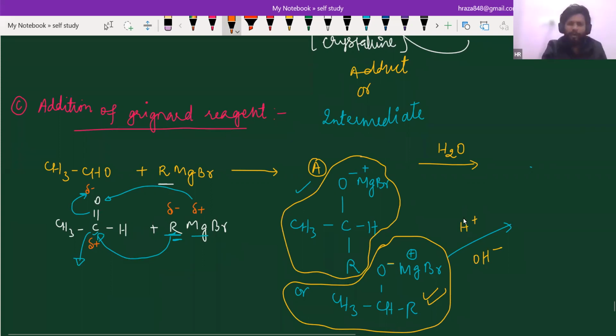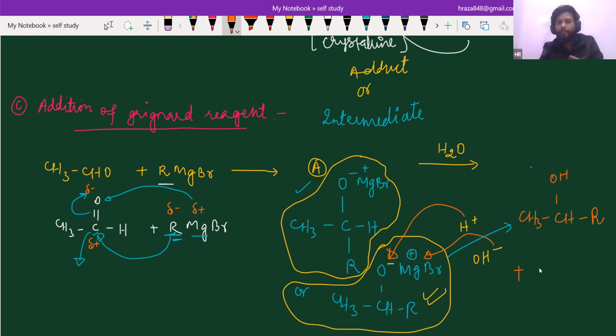Positive will go to negative and negative will go to positive. So you will get a product like this, CH3CH and OH will be there, with O negative, H plus will go, and there was R, and there is a byproduct that will be Mg, and then OH will go in between Mg, and this is your byproduct, and this is your main product.